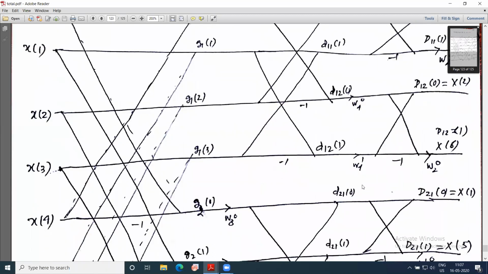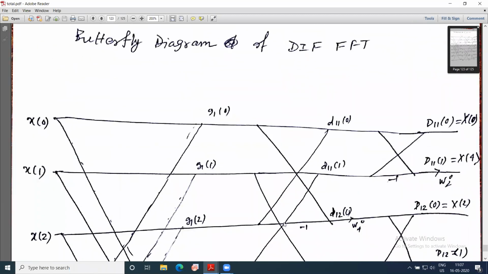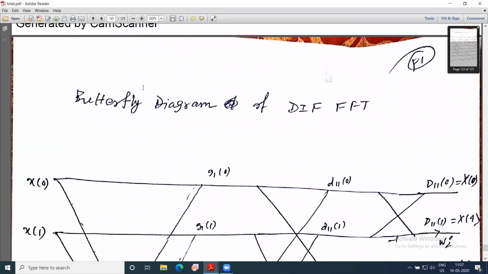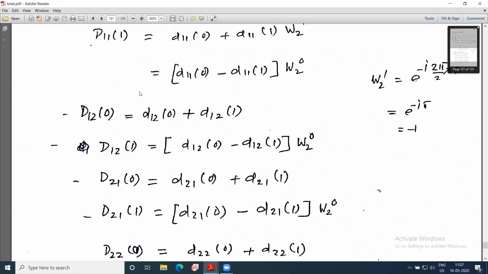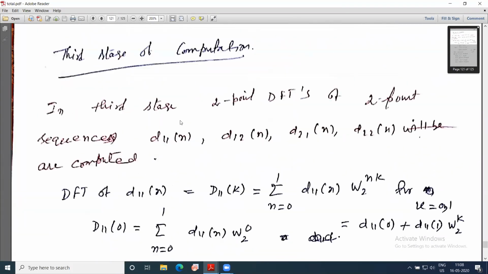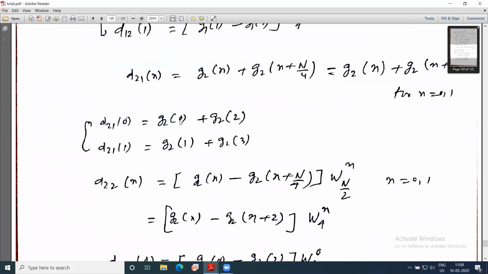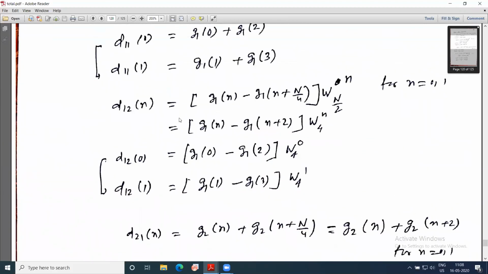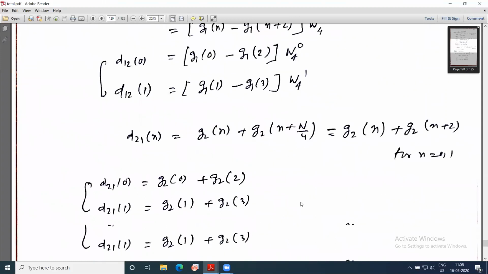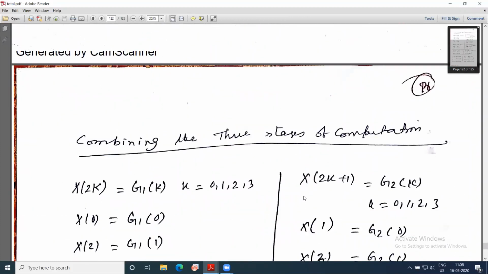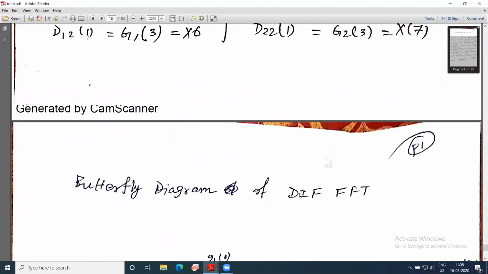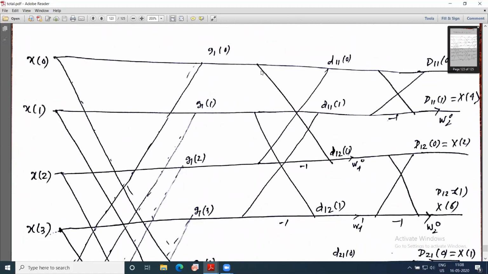Now my point is that with this we have got the D1 values, right? Once I know this G1 and G2, I can compute the values D11 of 0, D11 of 1, D12 of 0, D12 of 1, all of this. So G0 minus G2, how does it look if you want to write it?